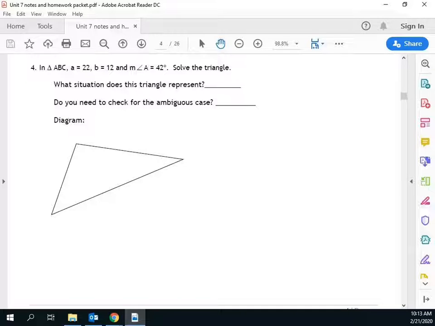So we dive in first off by labeling the triangle or drawing it, because after a while these triangles won't be drawn for you. You're going to need to do them yourself. So just be used to labeling them, see what they look like. Then I like to go in and add what's given to us. And A is 42. So let's go ahead and do exactly what we did earlier.